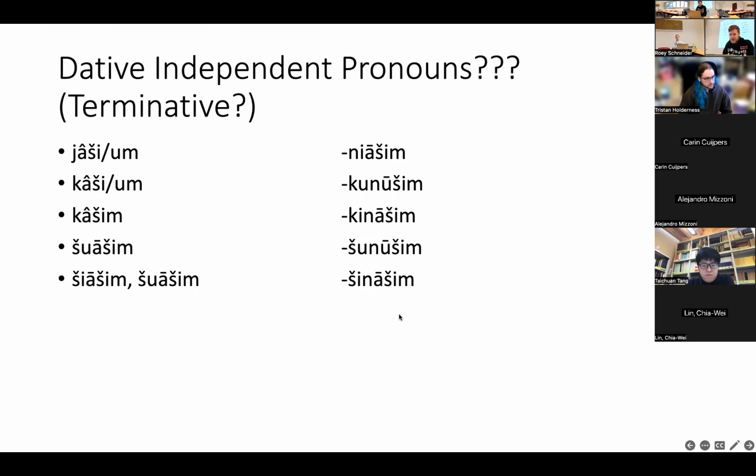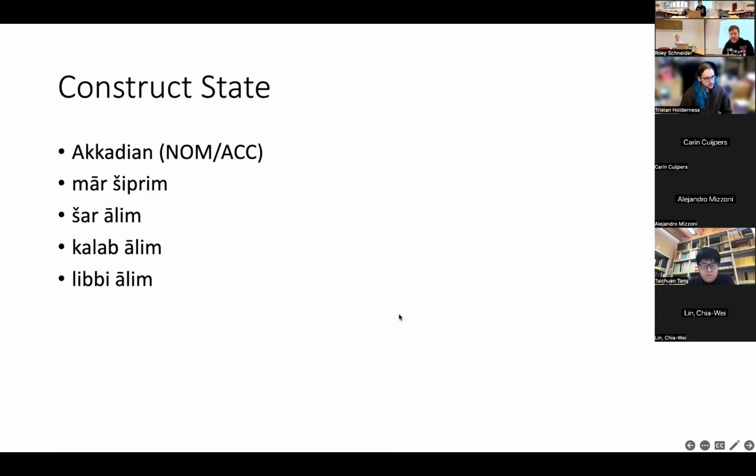Yeah, and then you asked specifically about the construct state, so I'm going to talk a little bit about that in the different languages. In Akkadian, you have two different construct states according to case. Usually the case vowel is dropped and the mimation is dropped.